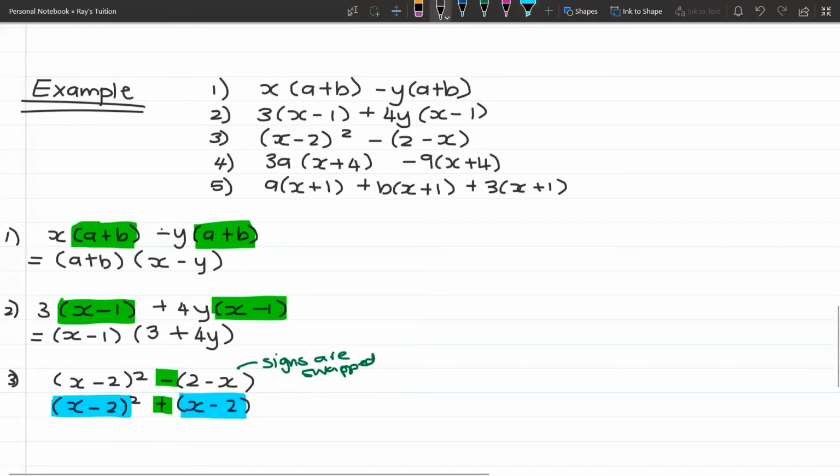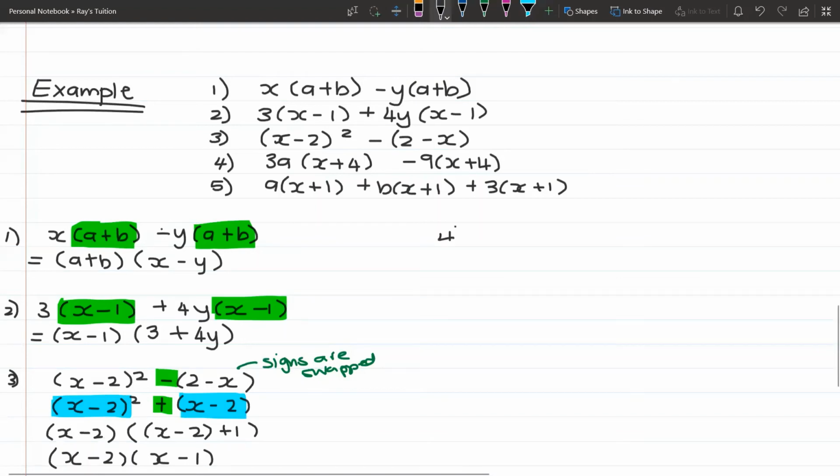So now we can take out (x - 2) as the common factor. What's left in the first bracket would be 1 lot of (x - 2) because there were 2. And then (x - 2) divided by (x - 2) is 1. Then simplifying that further, we get (x - 2)(x - 1) because minus 2 plus 1 is minus 1.